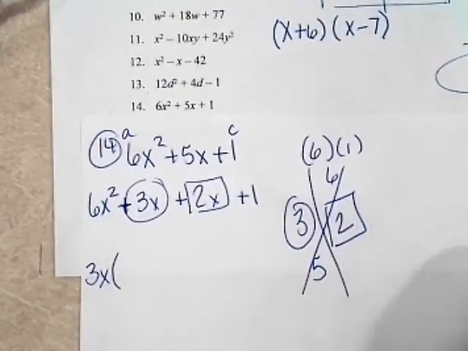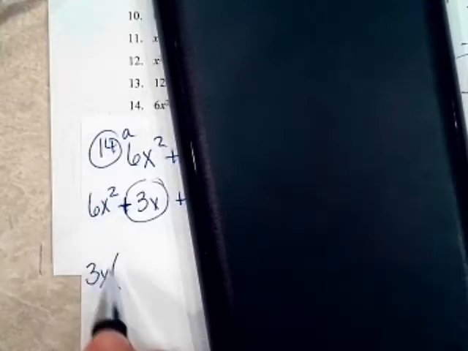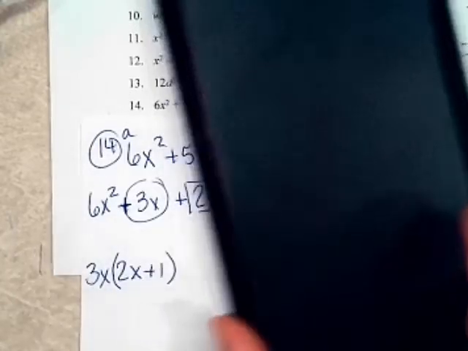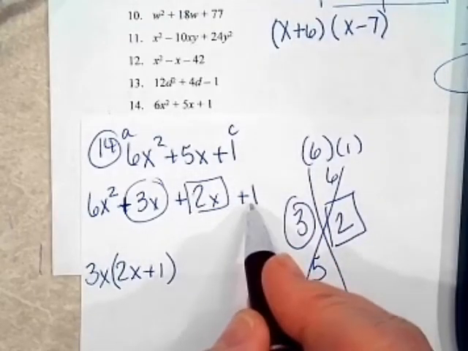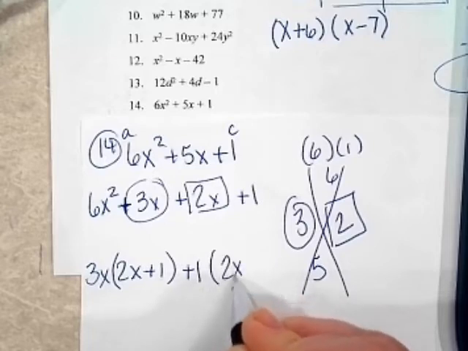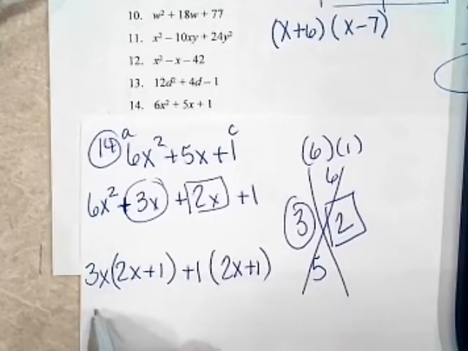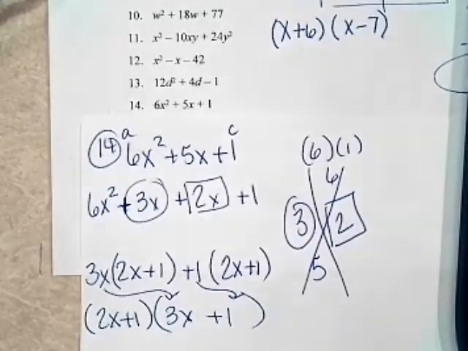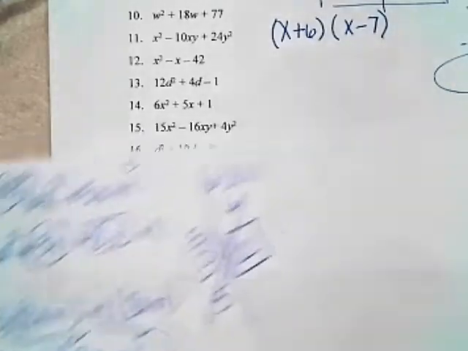When you factor out a 3x there, you're going to be left with 2x plus 1. What do these have in common? Nothing except a 1. So it's going to be 2x plus 1. So 2x plus 1 times 3x plus 1. So there's my answer for 14.